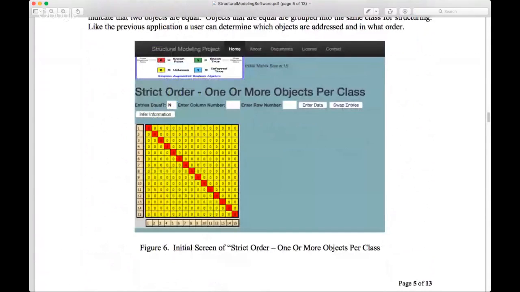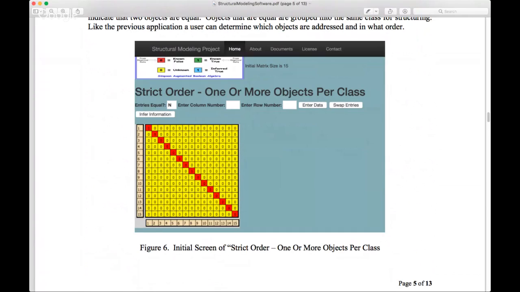The strict order, 1 or more objects per class, is essentially the same type of information, except it asks an initial question: are the entries equal?